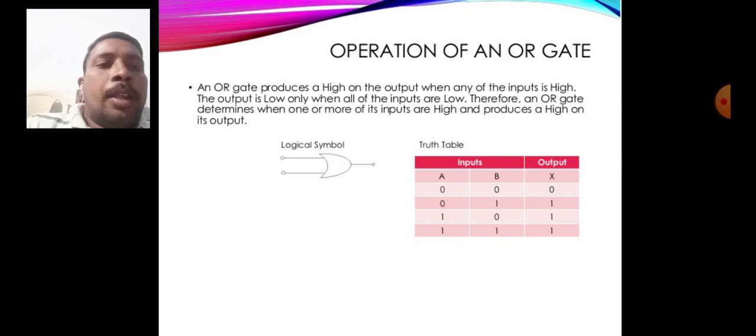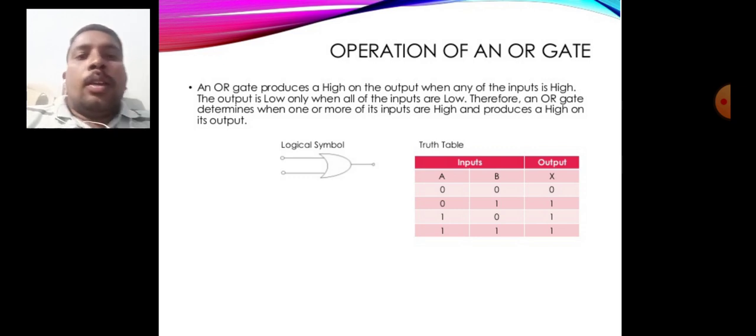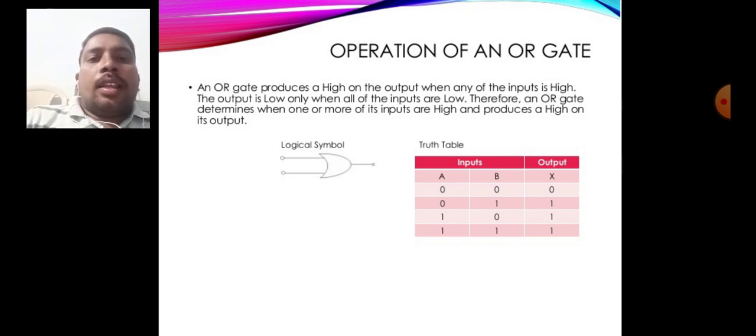So only when the two inputs are low will the output be low; if any one input is high, or both are high, the output is high. So this is the logical operation of an OR gate, its symbol and truth table.